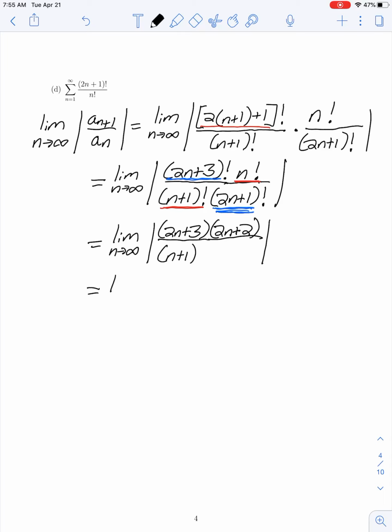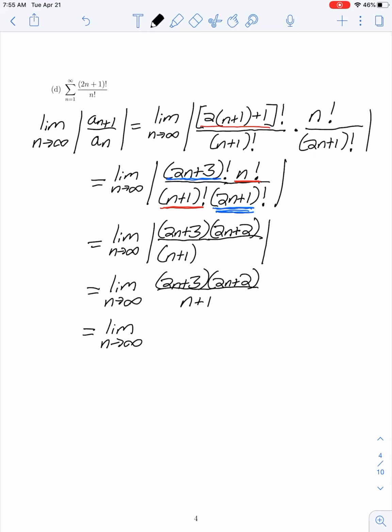So here, taking the absolute value, well, since n is positive, both our numerator and denominator are always positive, so we are left with (2n plus 3) times (2n plus 2) over n plus 1. So to simplify here, there's a few ways that we could go about this.